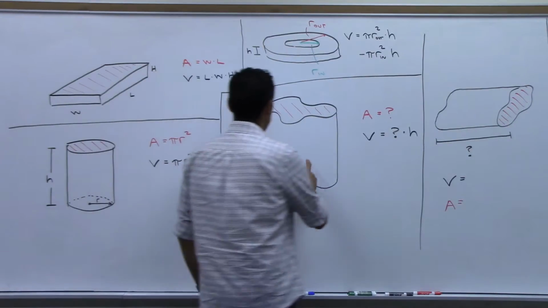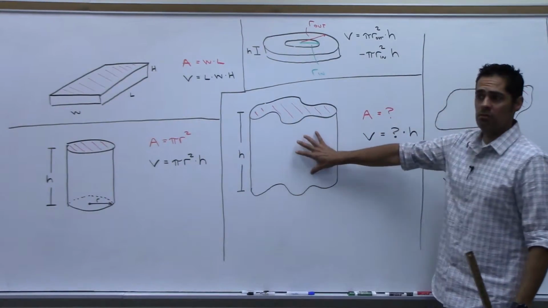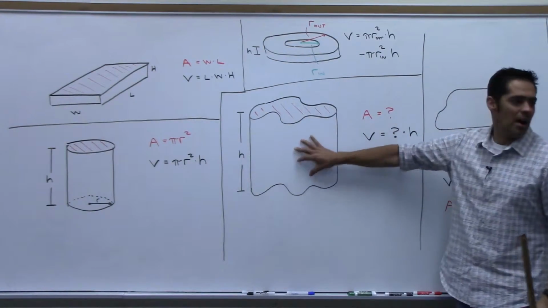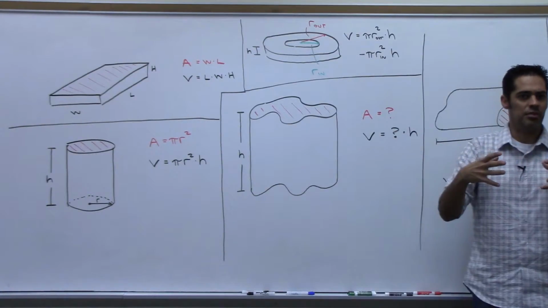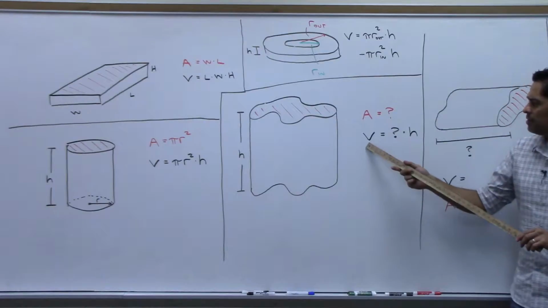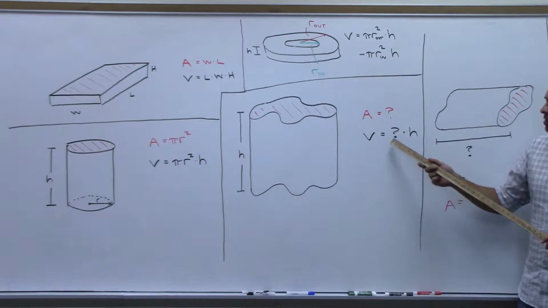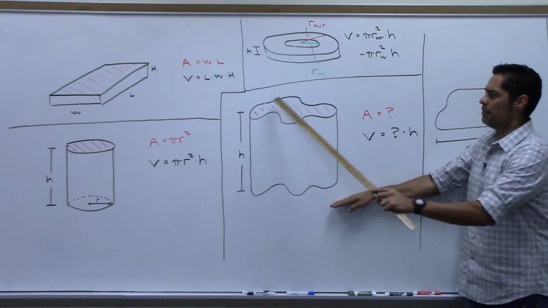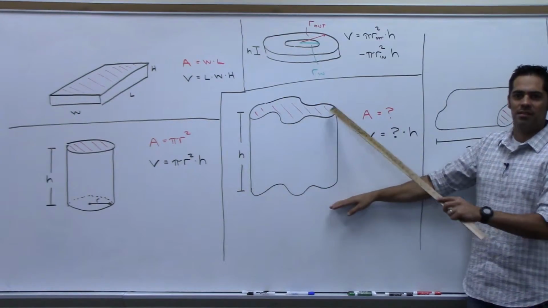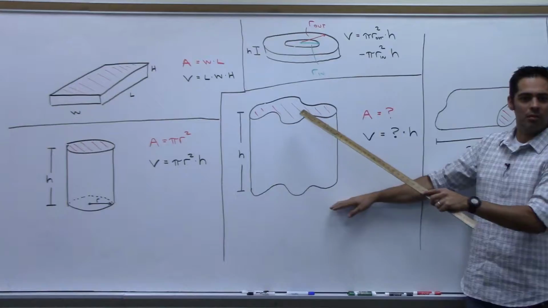Let's look at this one. This is just a general solid. It's not a box. It's not a cylinder. It's just a general blob, three-dimensional. The volume of this should be something times how deep it is, right? The something up here, well, I don't know what it is because it's not a nice shape that I know, right?